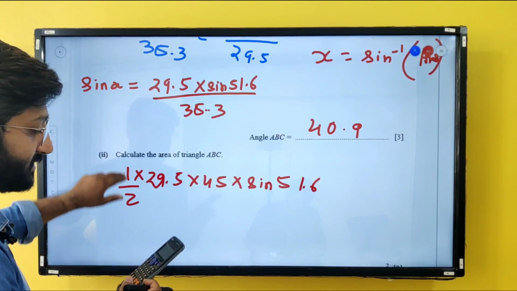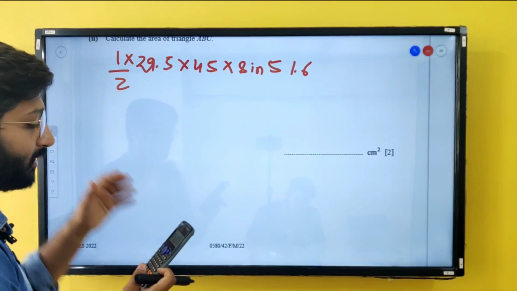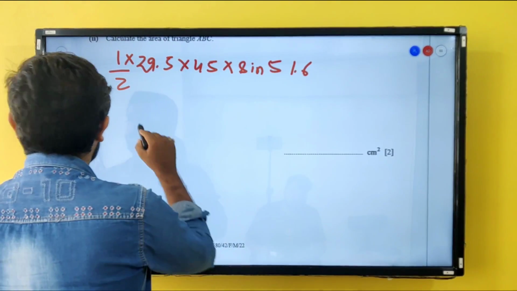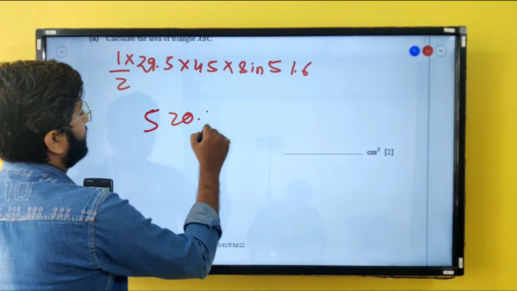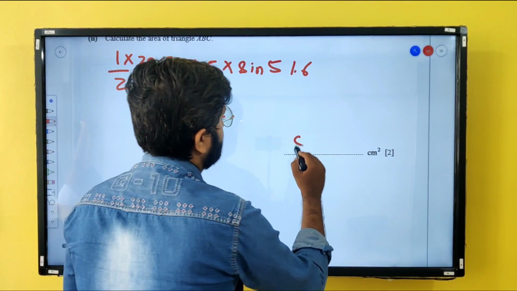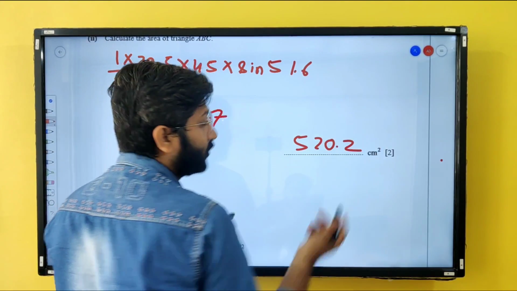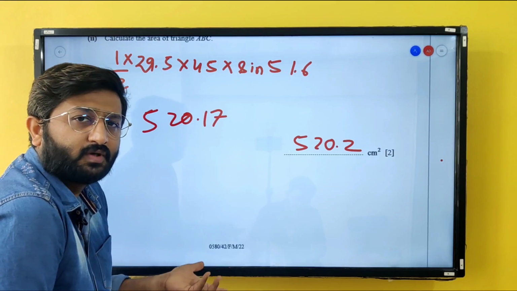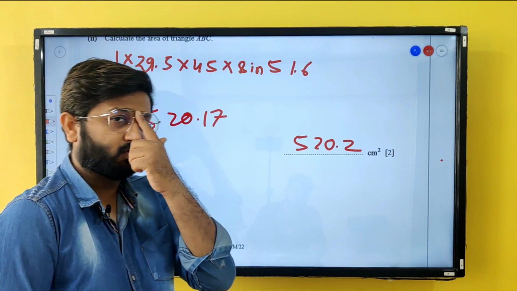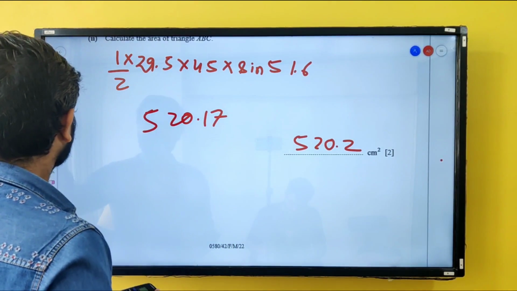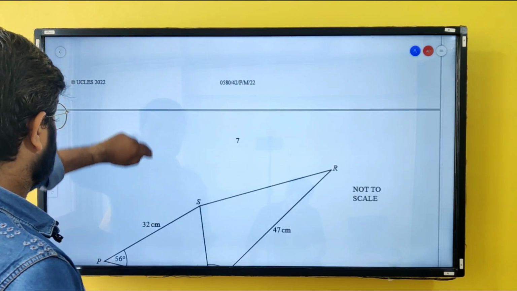So the area is 520.17. I am writing it as 520.2. Even 520 would do, because we are supposed to give our answers up to 3 sig fig. Next question.